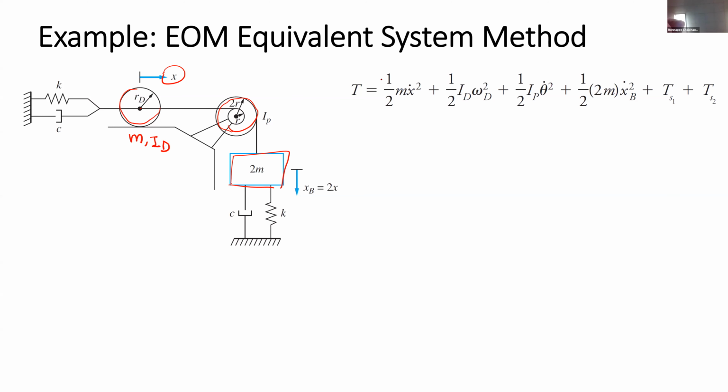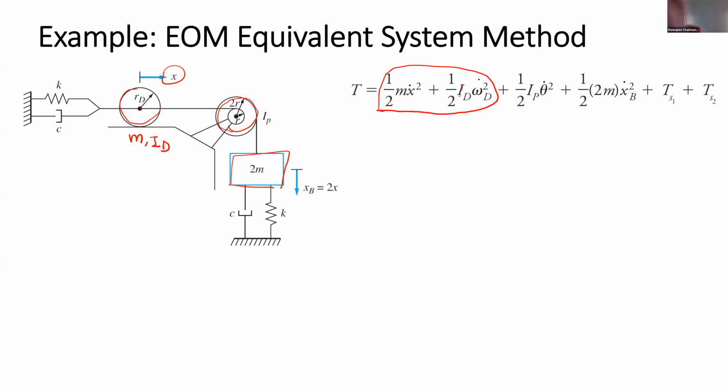So the kinetic energy of the disk will be the translation, 1/2 m x dot square, plus the rotation effect, 1/2 of the moment of inertia about point D and omega square.